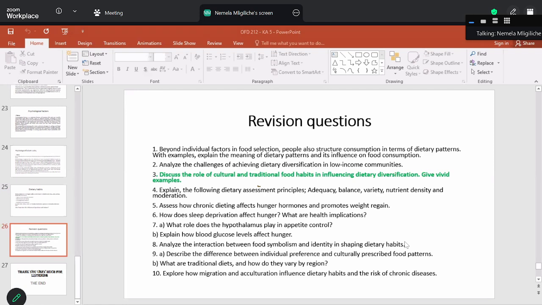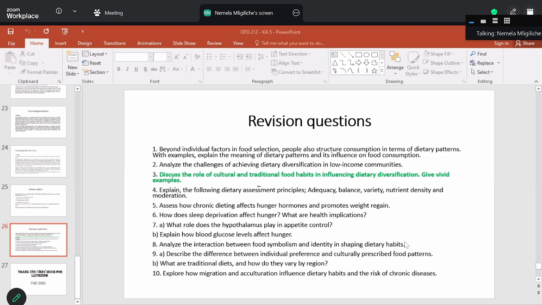The other one I was talking about dietary habits, and now we are talking about traditional food habits and dietary diversification. As usual, when you get this type of question, you should start by telling us what is the meaning of dietary diversification, because the whole question is about dietary diversification.